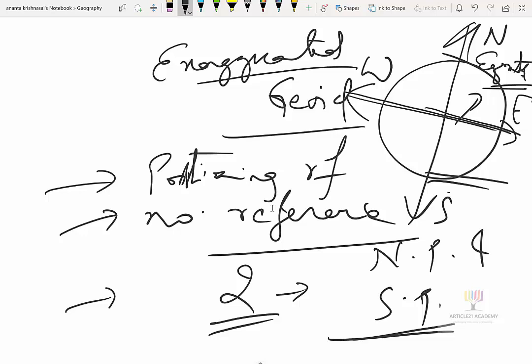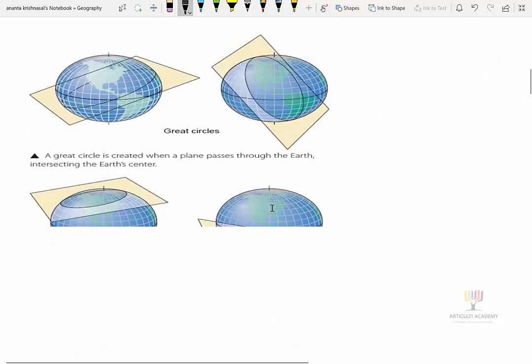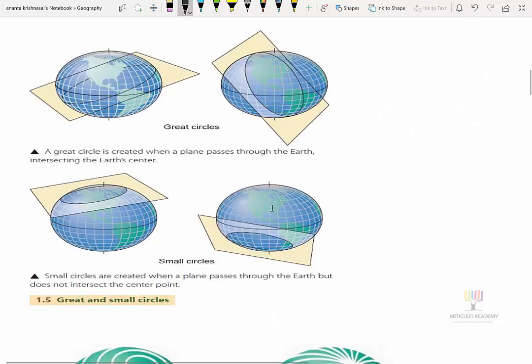And you can also draw number of other circles which are very small, cutting through the various portions of the Earth, and these small circles which are created when a plane passes through the Earth but does not intersect the center point of the Earth are called as small circles. So this figure clearly explains you what is a great circle and what is a small circle.